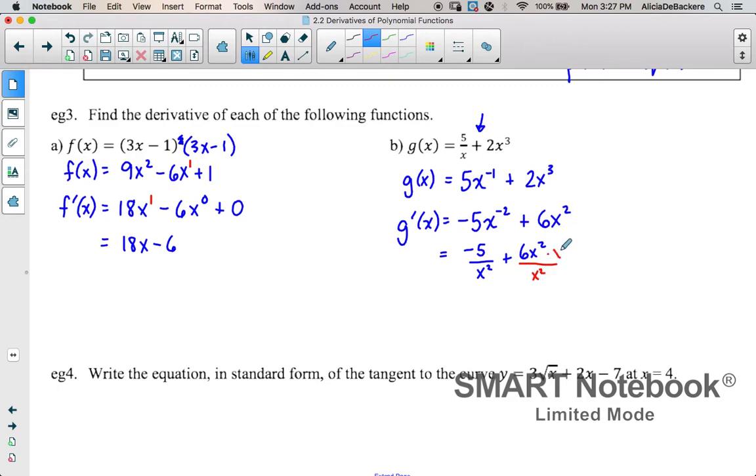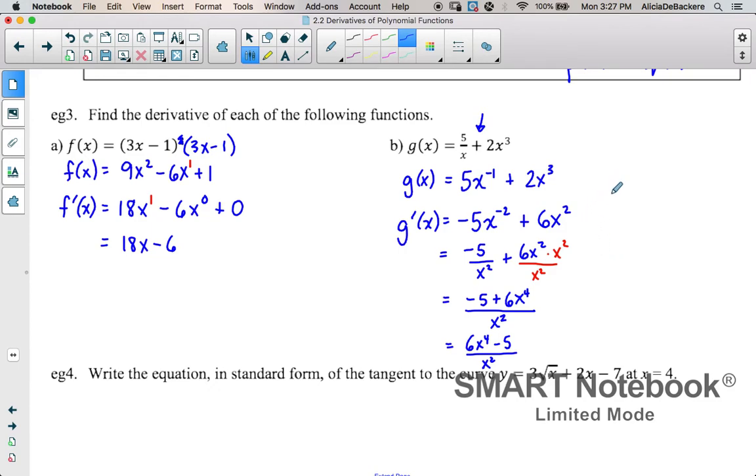That means I also have to multiply the top by x squared. And what I'm going to get then is plus 6x to the power of 4 over x squared. And then we would rearrange this so that the largest exponent on x came first. And that's in simplest form there.